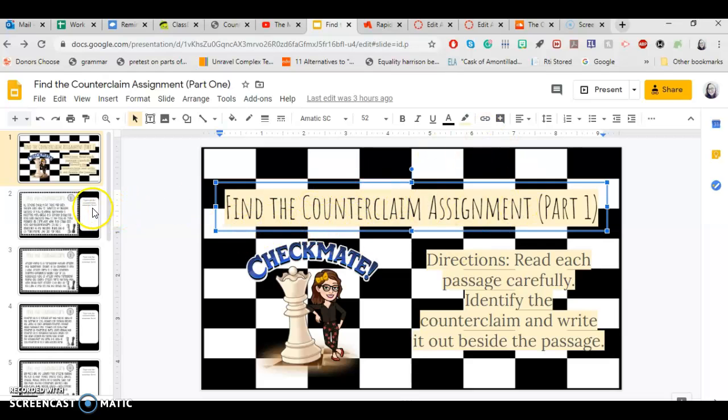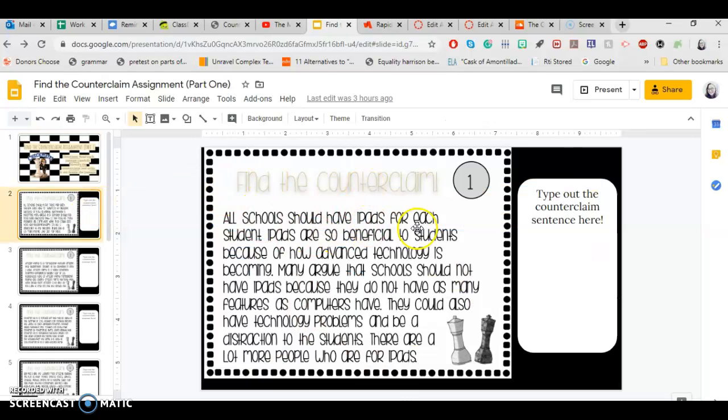So I'm going to go to our first question here. I'm going to read the short passage. First, what's the topic or issue? And second, what is the author's opinion on that topic? Because then I have to go back and find the opposite of that, right?